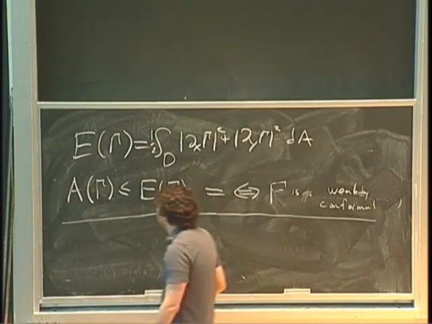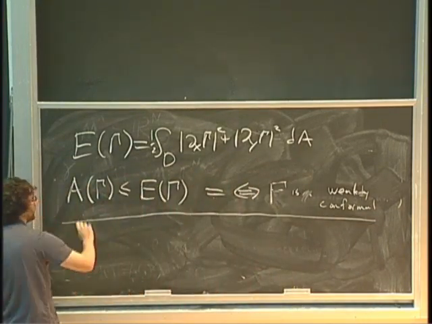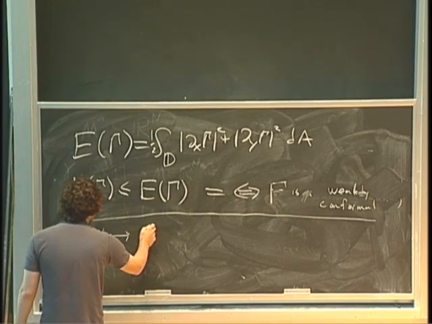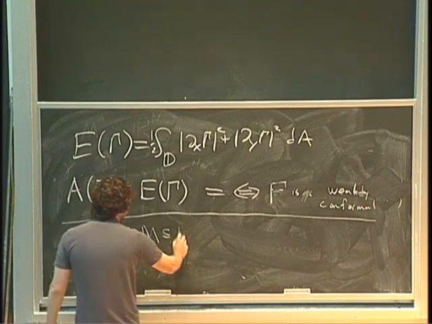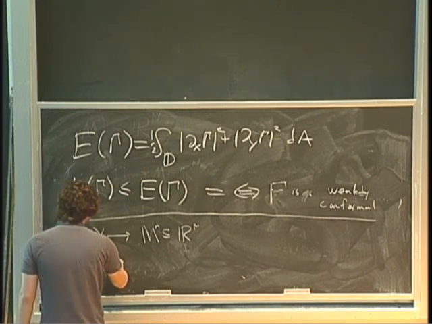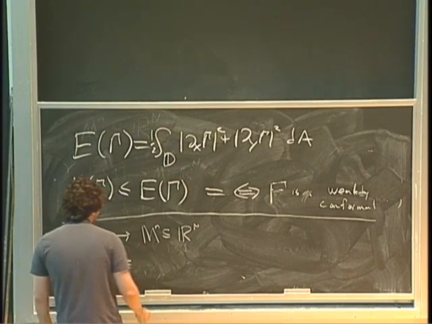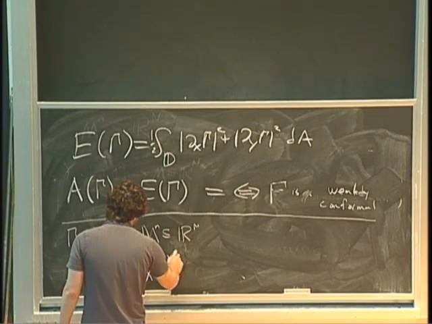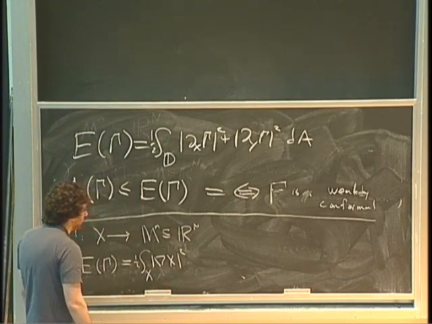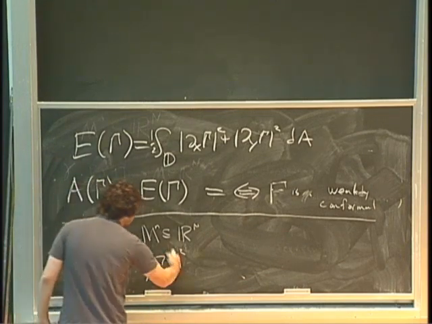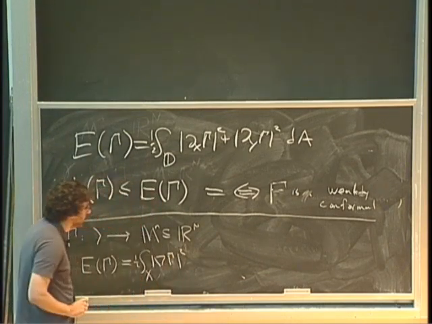So the point is, if instead of just thinking about the disk, we think of a gamma that takes some Riemann surface X to M, then we can still talk about the energy of gamma, which is the integral over X of this. You just do it component by component.